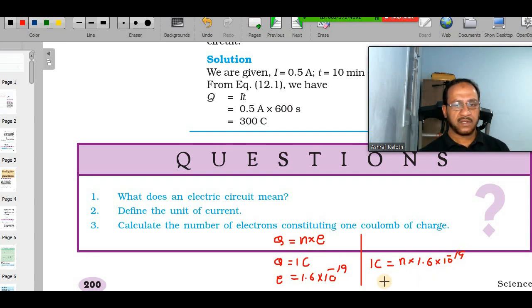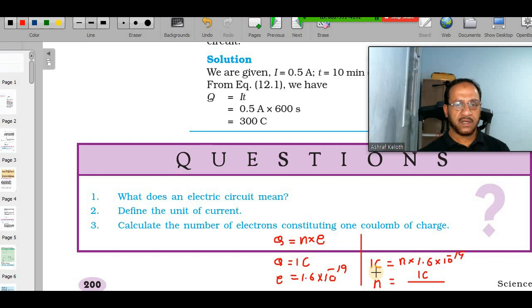Okay. Then what is N equal to? Number of electrons constituting 1 coulomb is equal to, what do we have to write? 1 coulomb divided by, what will be the denominator? This 1.6 into 10 raised to minus 19 will go to the denominator here.